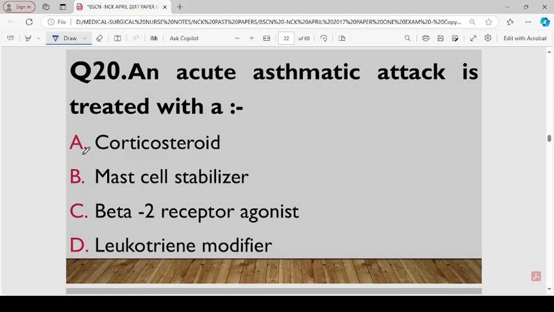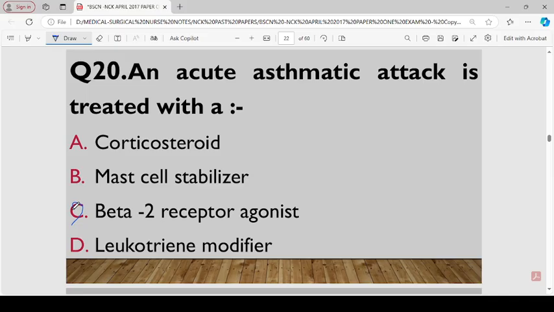An acute asthmatic attack is treated with, in most cases, adrenergic agonists, especially the SABAs. A link will be popping up to check on the drugs that are indicated. Corticosteroid is used just for continuous management, same to mast cell stabilizers and leukotriene modifiers. Leukotriene modifiers, mast cell stabilizers, and corticosteroids are anti-inflammatory.